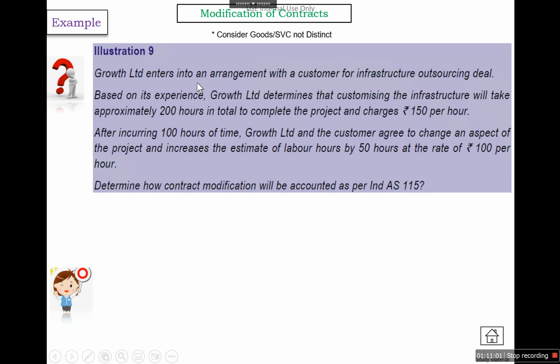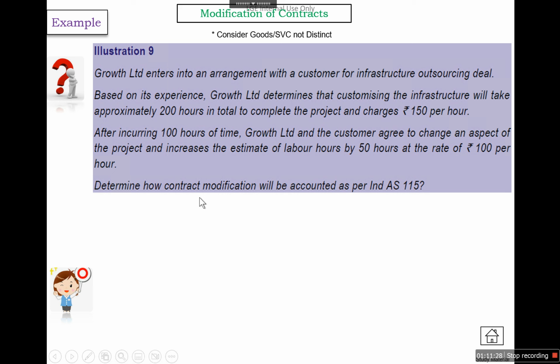Next, Growth Limited enters into an arrangement with a customer for an infrastructure outsourcing deal. Based on its experience, Growth Limited determines that customization of infrastructure will take approximately 200 hours to complete the project and charges 150 per hour. After incurring 100 hours of time, Growth Limited and the customer agreed to change an aspect of the project and increase the estimate of labor by 50 hours at the rate of 100 per hour.